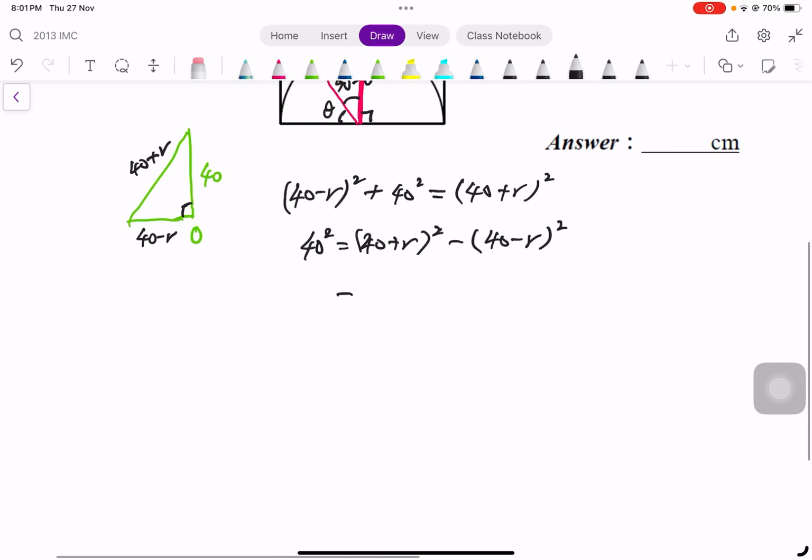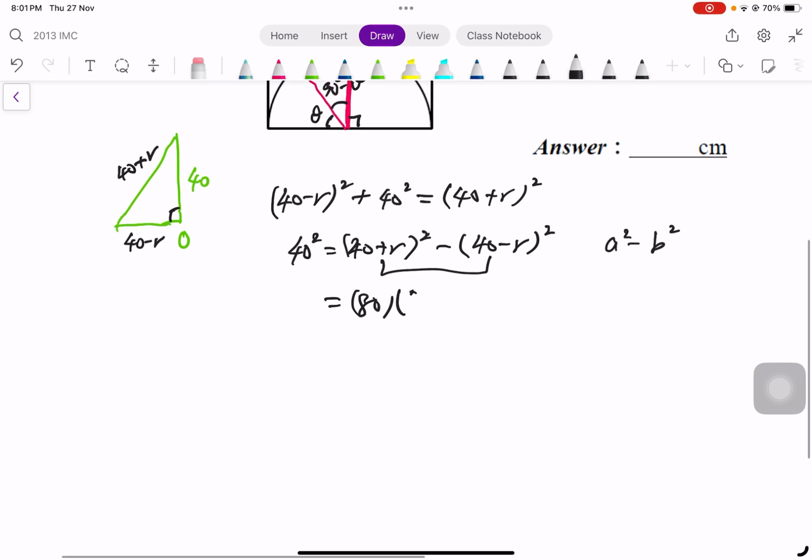Adding these two together, you get 80, because this is a squared minus b squared case. Subtracting these two, you get 2r. And then this is 1,600, and this is 160r. 1,600 is equal to 160r. Therefore, your r is actually 10 cm.